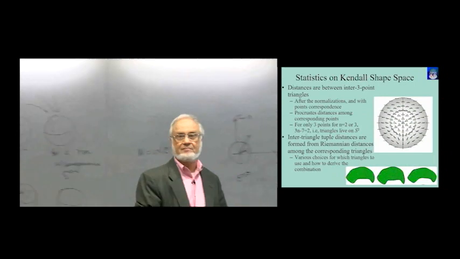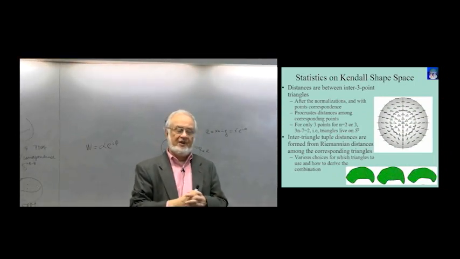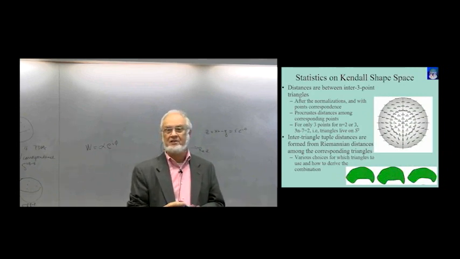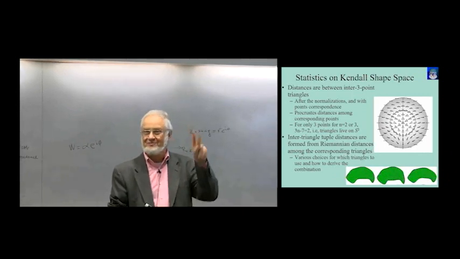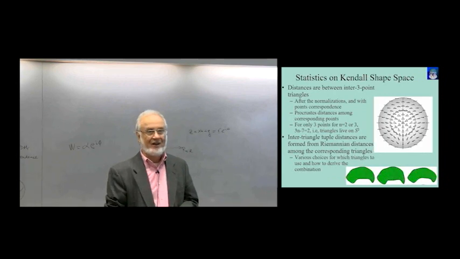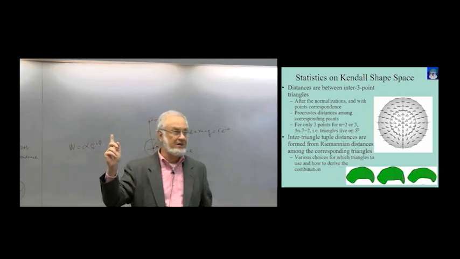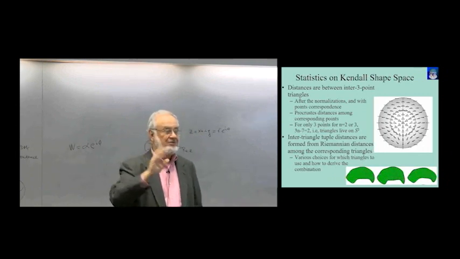Right? 3 points in two space, what's the dimension of the space going to be? It's going to be 2 times 3 minus 4, 2. Right? A triangle in two, representing 3 points in two space, after alignment, lives on a two sphere.